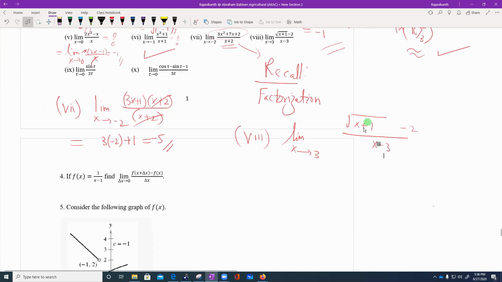If you plug in 3 right away into this rational function, inside the radical you get 3 plus 1, which is 4. So square root of 4 is 2. 2 minus 2, you will get 0 in the numerator. But what about the denominator? Again, it is 0. So we are in trouble again, 0 over 0 form. So you need to use some technique. Now, unfortunately, you can't use the factoring or the long division techniques because you have the radical sign here.